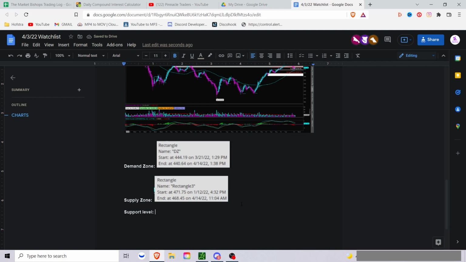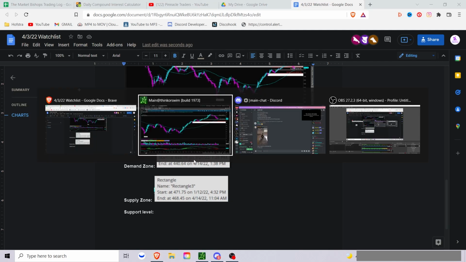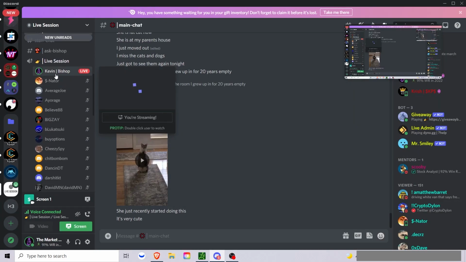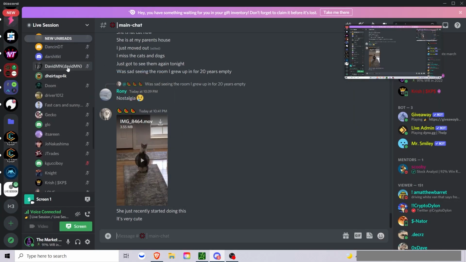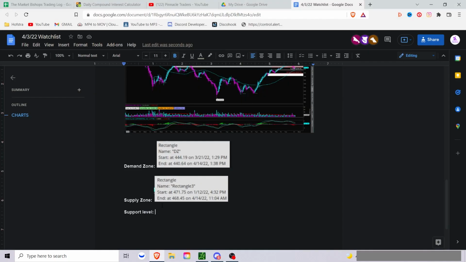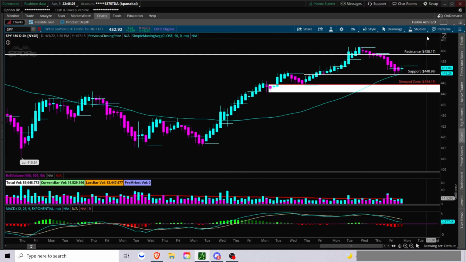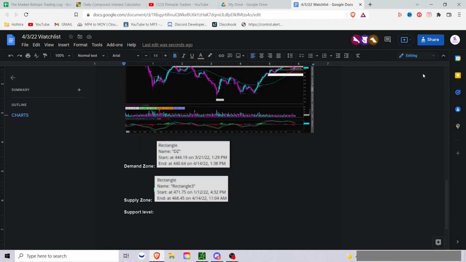If you guys don't know what the difference is, demand zones are basically an area, right? Versus basically a support level or resistance level being a price point that you look at. So as we see over here on our charts, you can see that our support level is at 448.99.